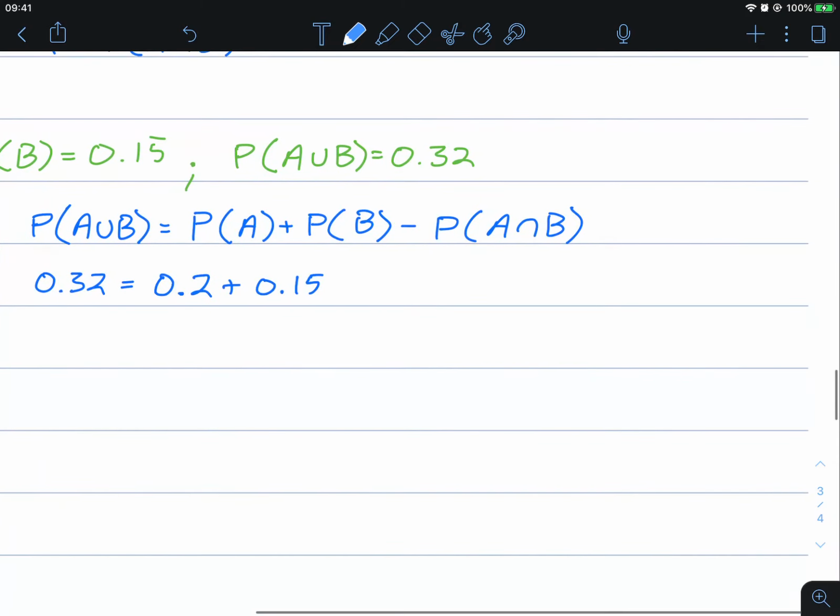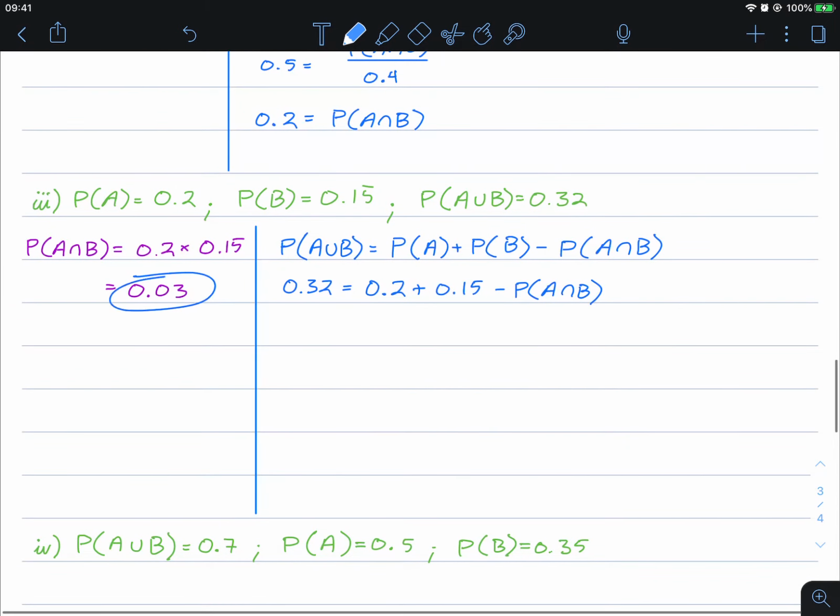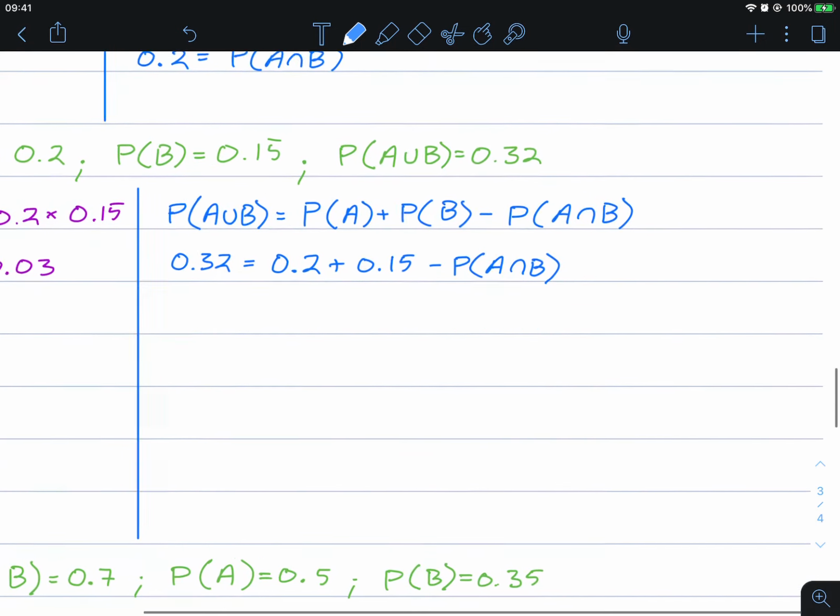And in this example, we don't yet know what the intersection is. Now remember, we're hoping that it will be 0.03.